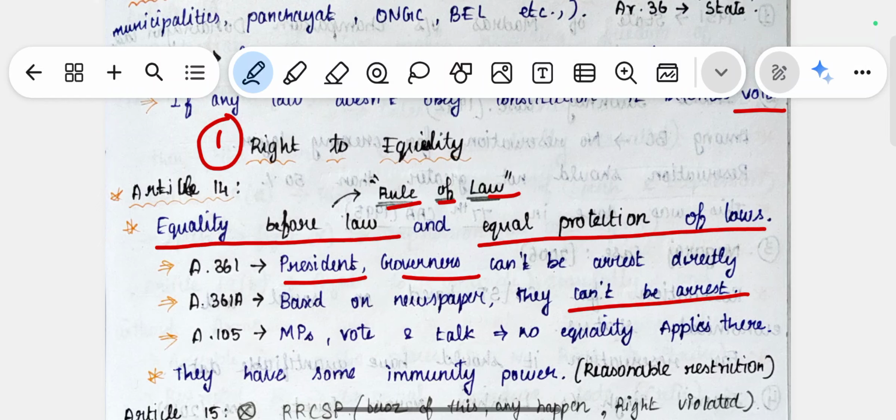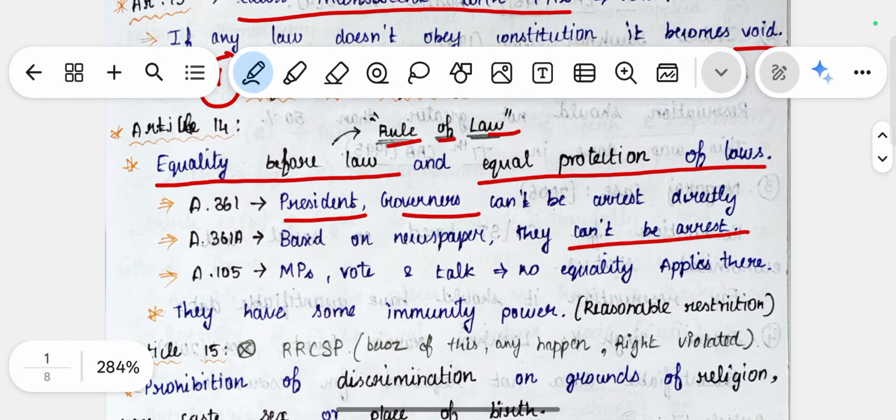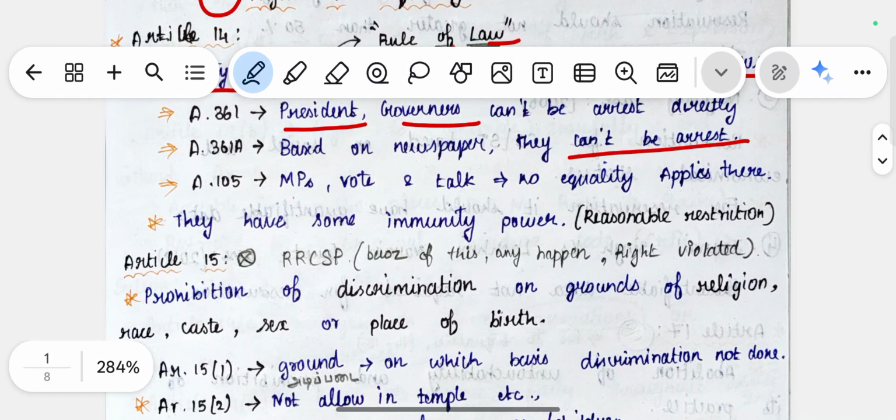For example, MPs vote in the parliament and they have the right to speak all they want. For these kinds of situations, equality will not apply. These are some of the exceptions made to equality, which is called the immunity power for those persons who are in higher positions. Some reasonable restrictions are made for them.